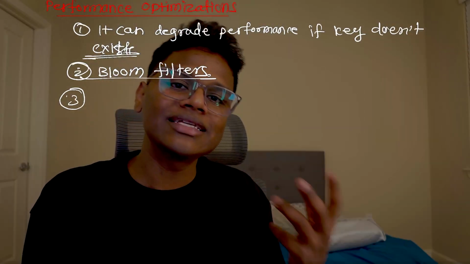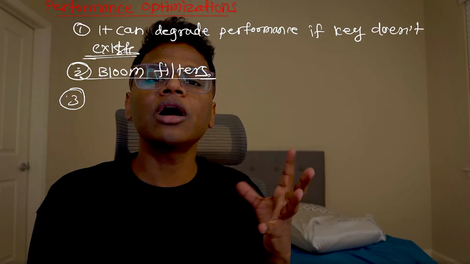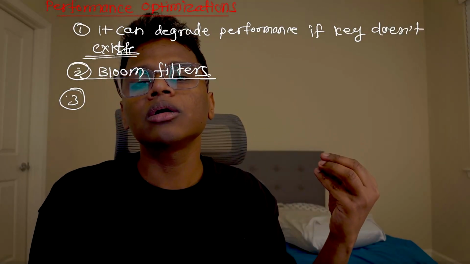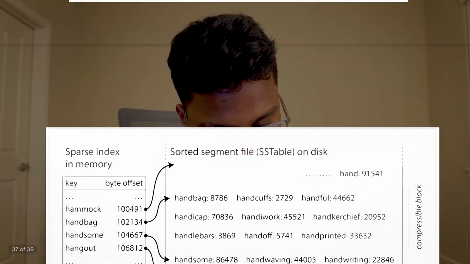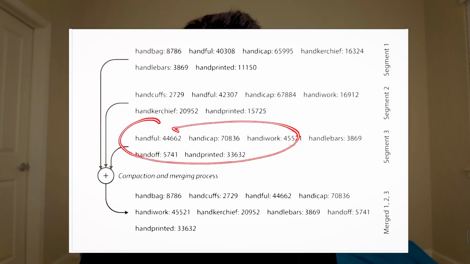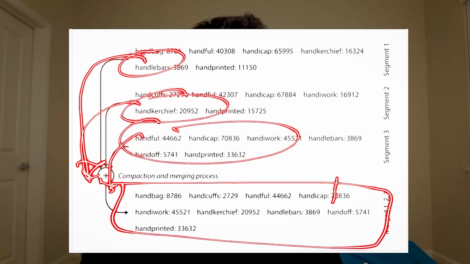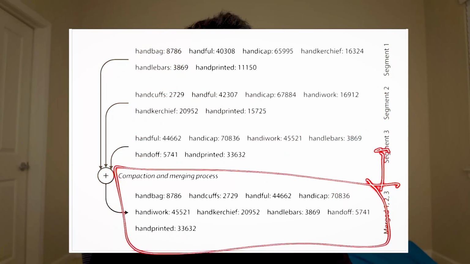Okay, so in size tiered compaction, what happens is the newer segment files are merged into the older file. So what I mean by that is, a new segment file is created and merged, then another new segment file is created and merged, and this merged file will get larger and larger, and then this will act as a new segment file.